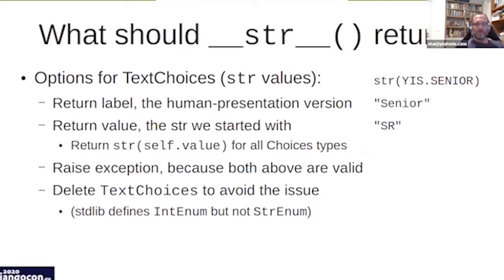And once those values are in fields, they should behave as normally as possible, especially for common functionality such as dunder str. So we chose the str of the value for all choices types.